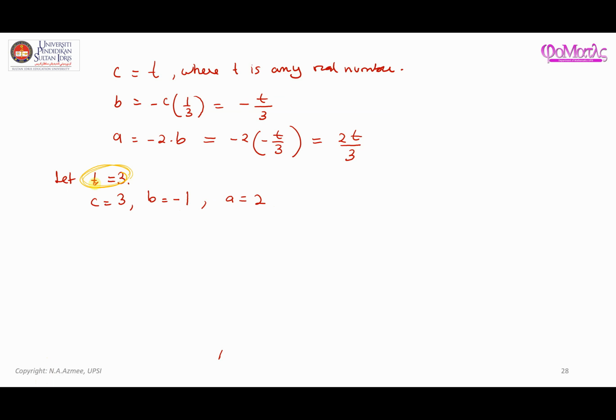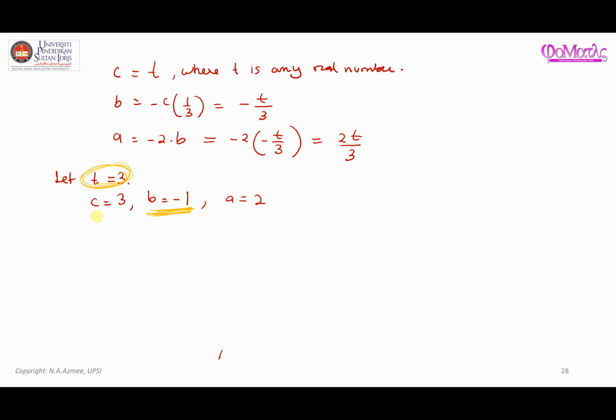Apart from it looking easier to compute because we have 1 over 3, you can easily cancel out and get nice numbers, for example negative 1 and 2. That is one way of looking at it. But I think the most important reason T is chosen to be 3 is that then we'll be able to get this scalar equal to negative 1 or positive 1.